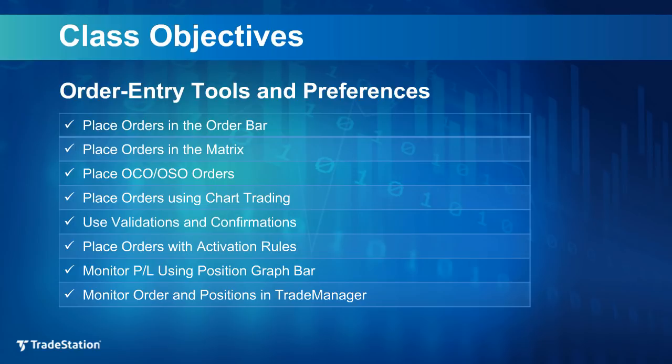We'll introduce to you chart trading, how to set up, disable, and turn on validations and confirmations, how to use activation rules for your orders, how to monitor P&L using the position graph bar, and then how to monitor your orders and positions in the TradeManager.